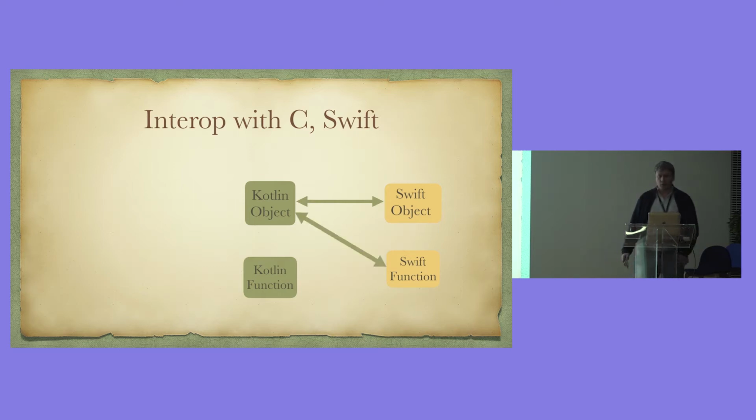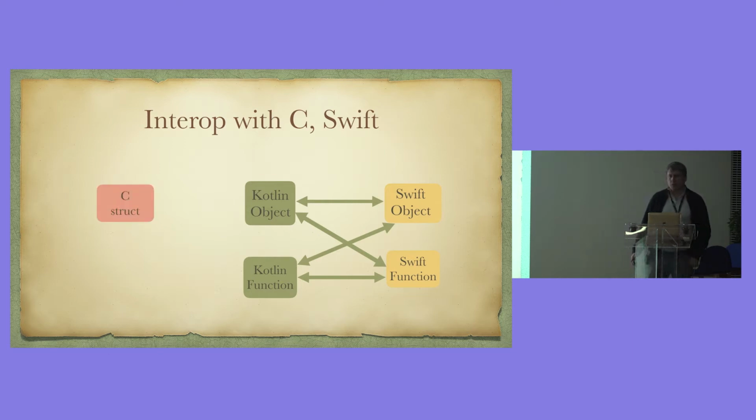The same holds for functions. Swift functions, or blocks as they are called in Objective-C, could be stored as a field in Kotlin objects. Also, Swift must be able to refer to a Kotlin function, because in both languages functions are first-class citizens. So, all possible combinations.